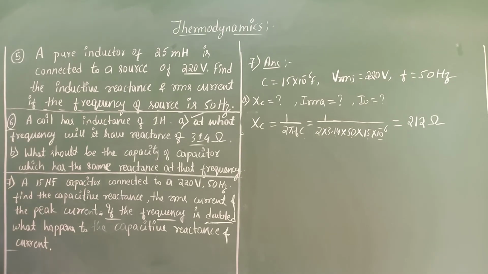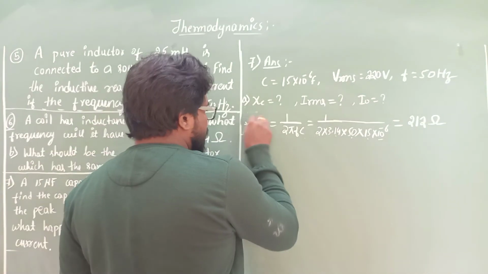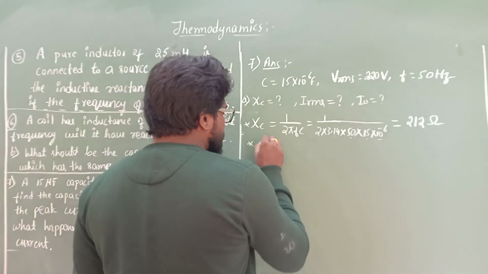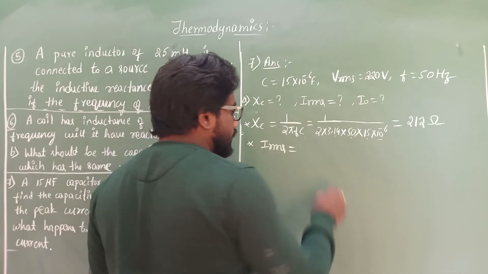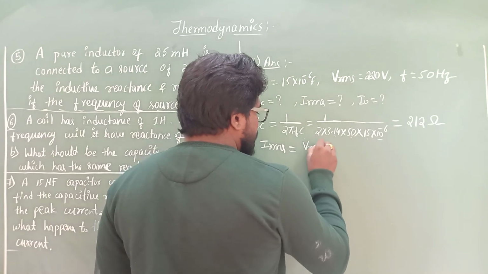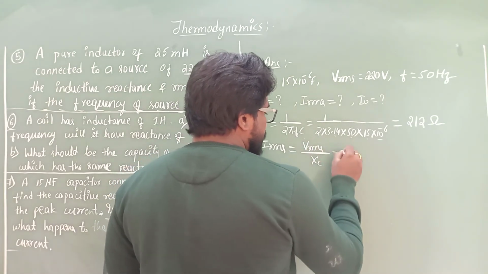Meanwhile, you need to find the value of IRMS. What is the formula for IRMS? IRMS is equal to VRMS divided by XC.